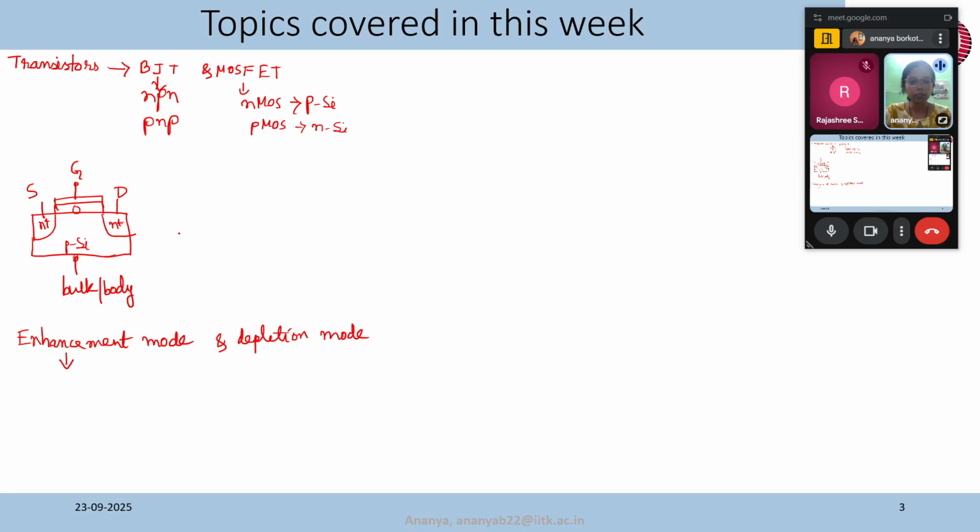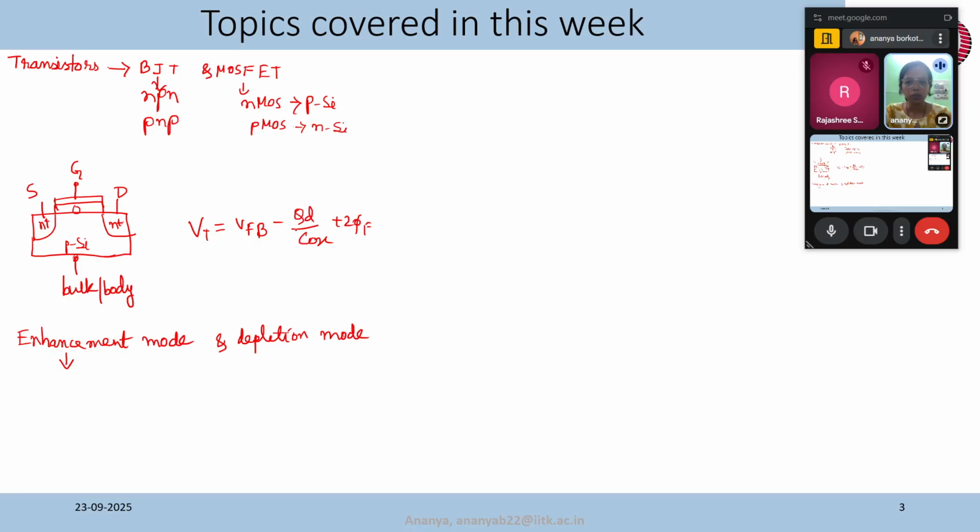If you remember the threshold voltage expression for MOS capacitor, which is also valid for MOSFET, Vt is equal to the flat band voltage minus Q depletion by COX plus 2 phi f. The signs are as per whether it is NMOS or PMOS.